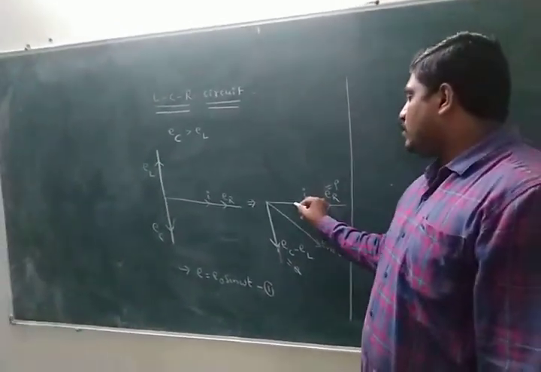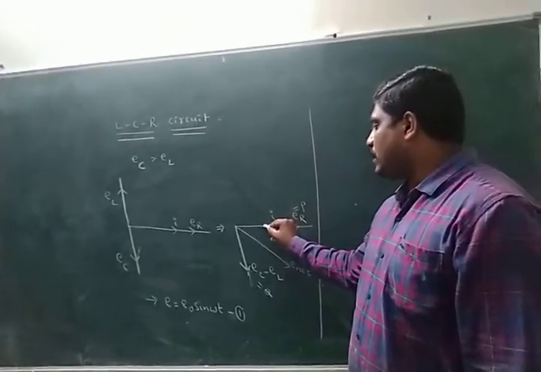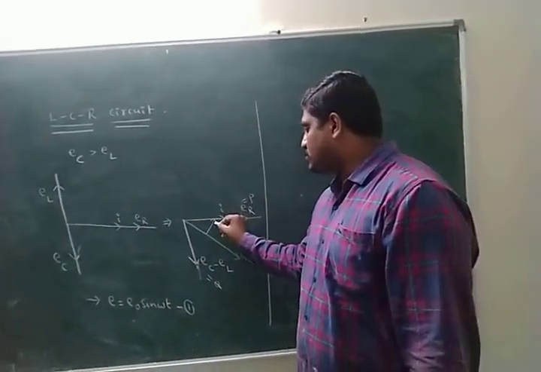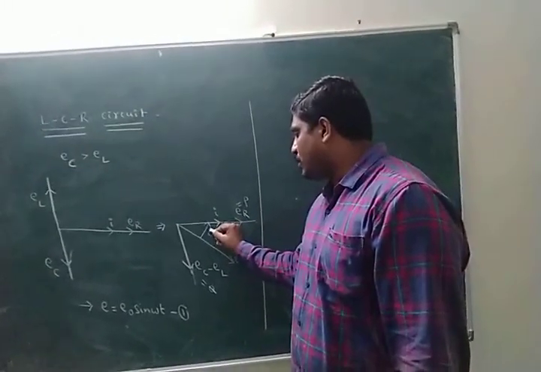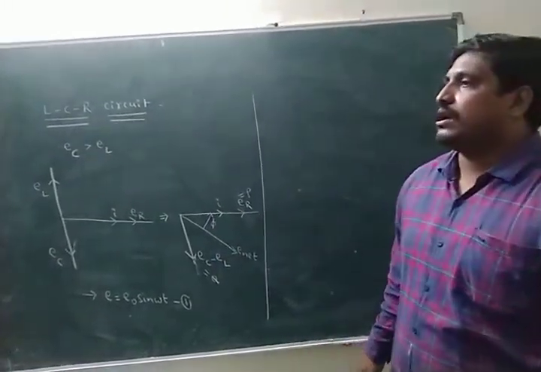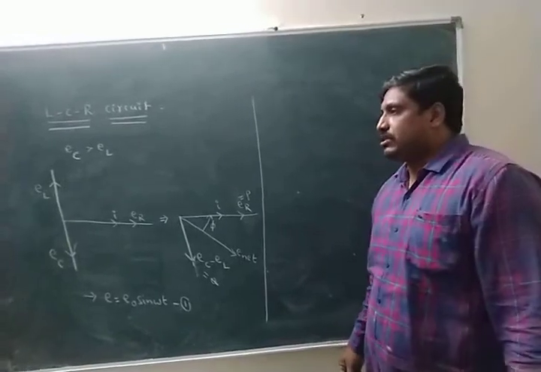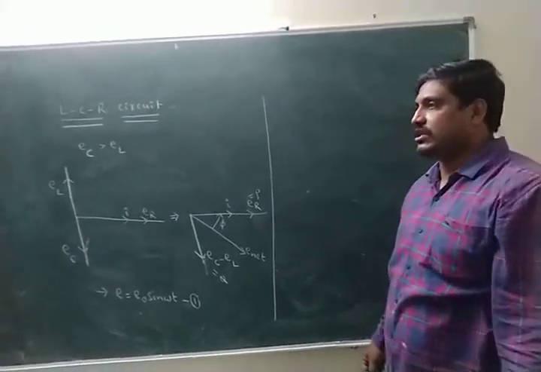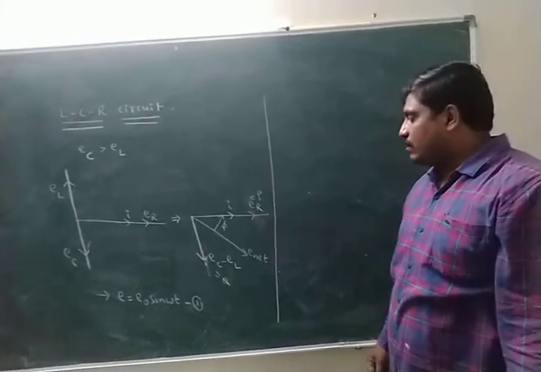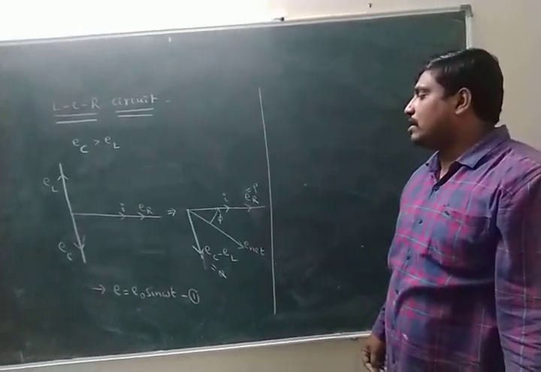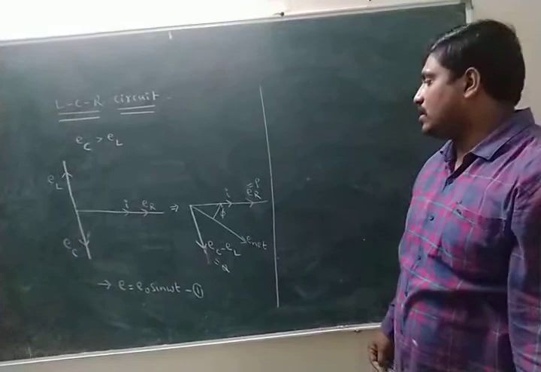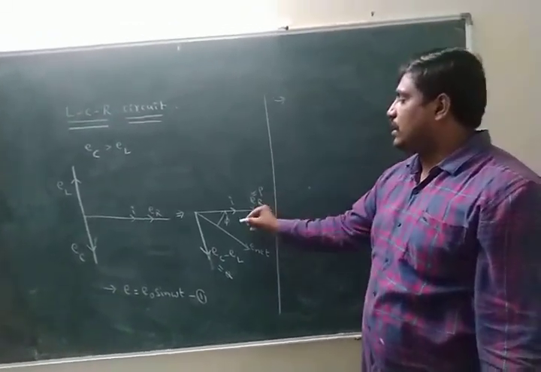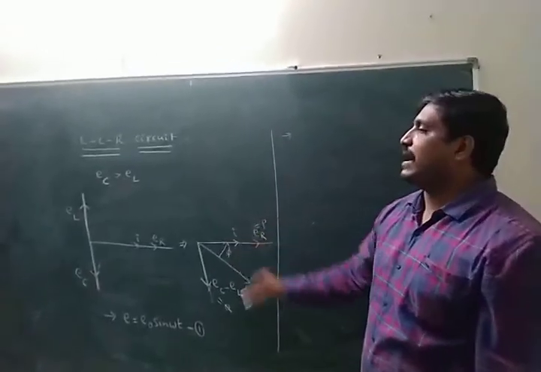Here, the angle between the current and the total voltage is always denoted by phi. Phi is nothing but the angle between current and voltage. Okay, Nana? Here, which is ahead according to the diagram?